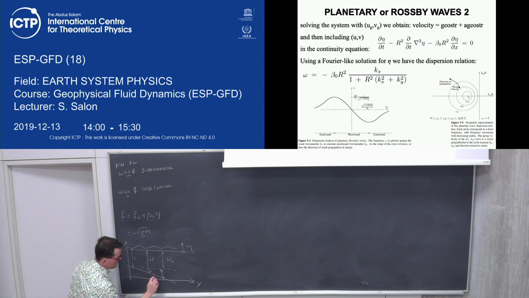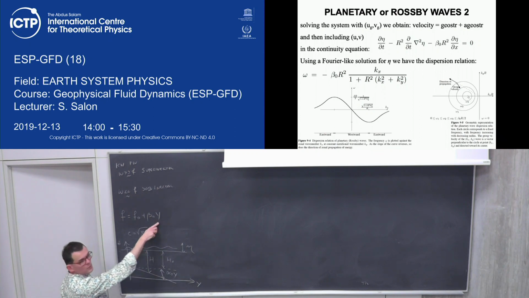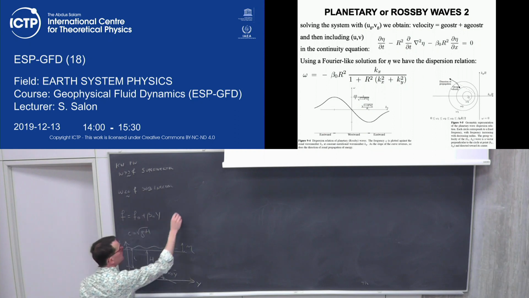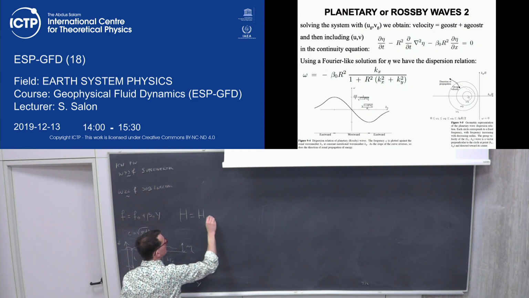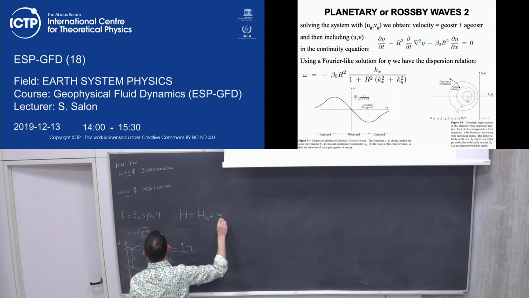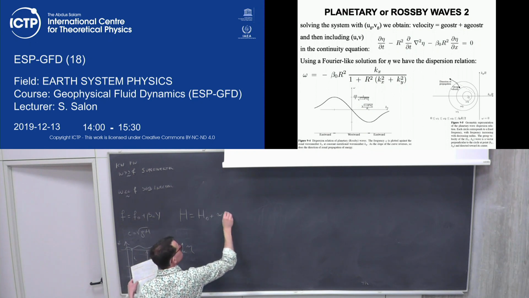This section here, which is 0 here, for example, and increases going along y, we will call alpha 0 y. So from the perturbation that we considered at the beginning for the Rossby wave, we will have something similar, which is h equal to h0 plus alpha 0 y.